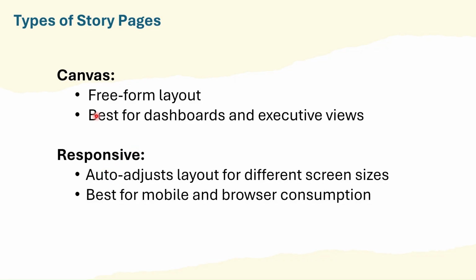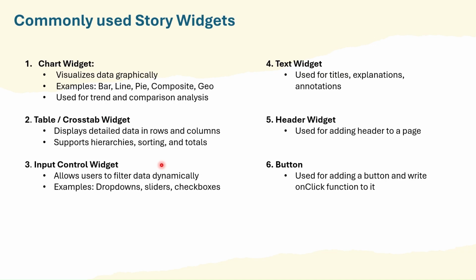So that's about how to decide whether I go with the canvas page or the responsive page. Coming to the story widget, as I said, all the components that are used to build the story page are known as widgets. So within widgets, we will have chart widgets, which are used to visualize the data graphically.